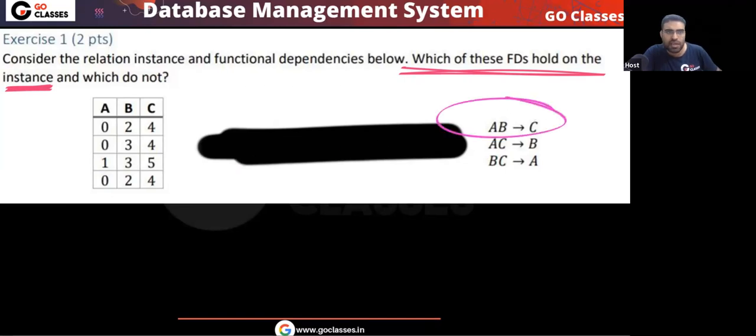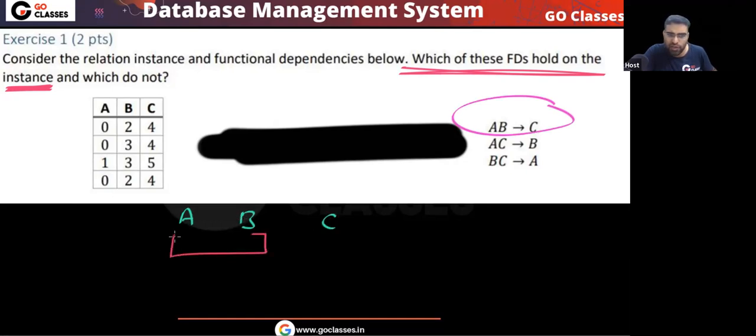What does this mean? This means AB determines C. If the AB combination is same, then the C value should be same. If I tell you the value of the AB combination, can you tell me the value of C? You can see, whenever the AB combination is repeating, C is also repeating.